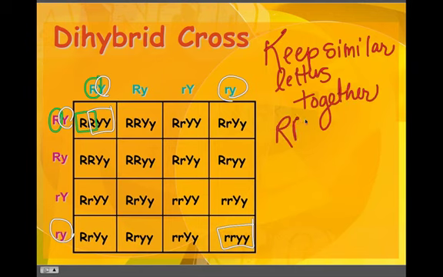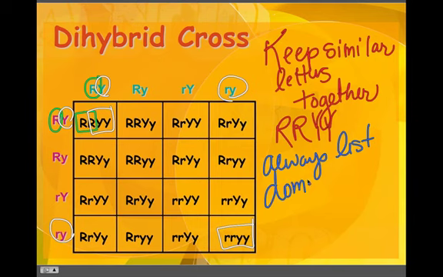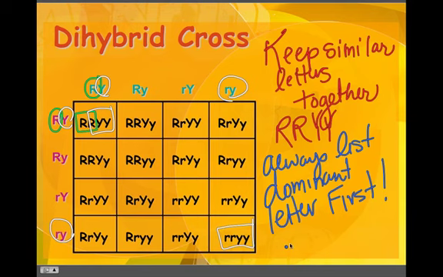For example, big R, big Y, and always list the dominant letter first. So if we have little r, we'd go big Y, little y. If there's a dominant between the two, you're always going to list that one first.